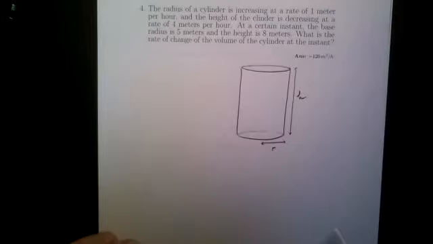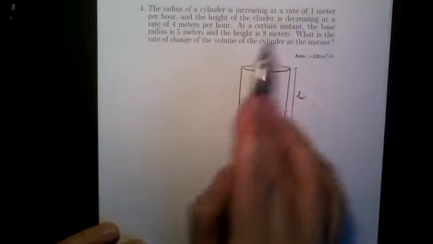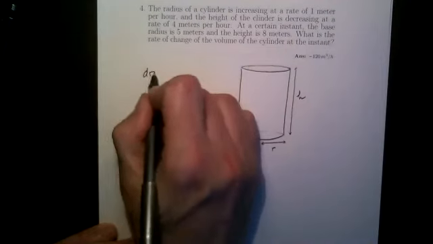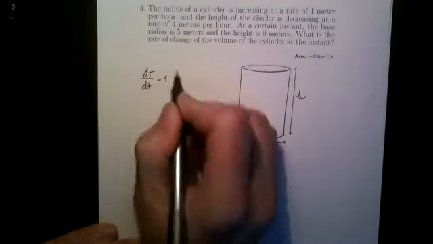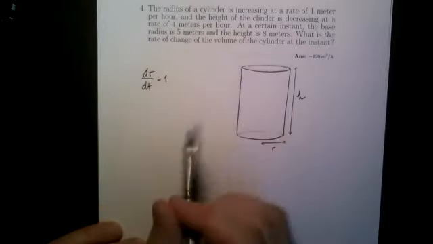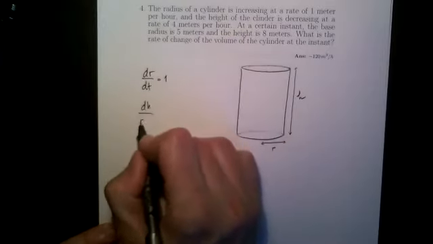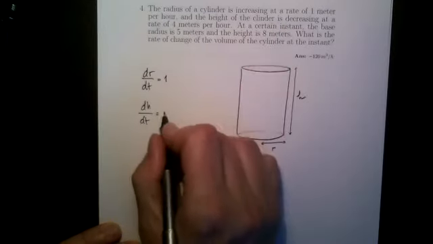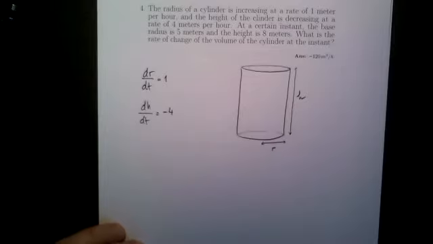So what's given to me? The radius is increasing, so that's a rate of increase: dr/dt is 1. And the height is decreasing at 4, so dh/dt is -4.